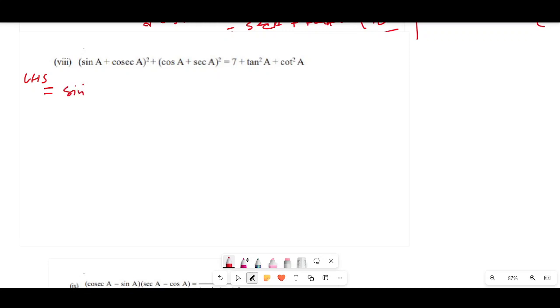Sin square a plus cosec square a plus 2 sin a into cosec a. Now plus cos square a plus sec square a plus 2 cos a into sec a.